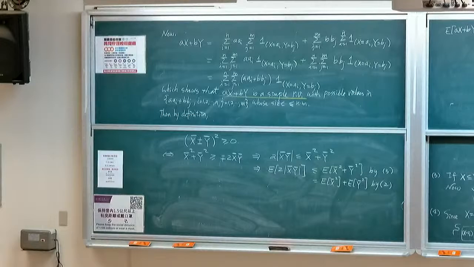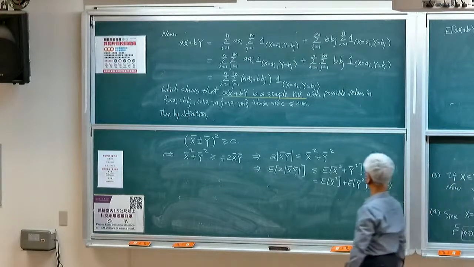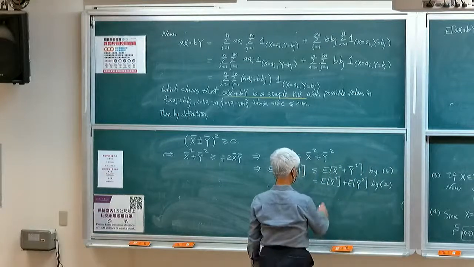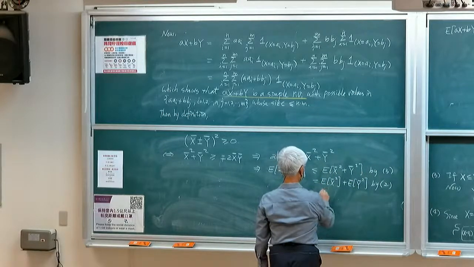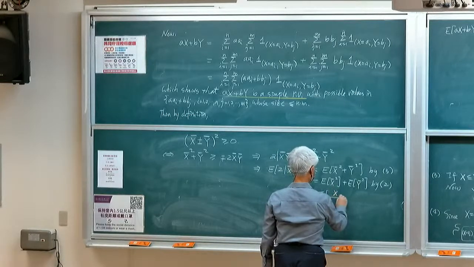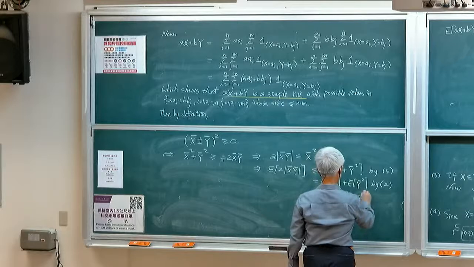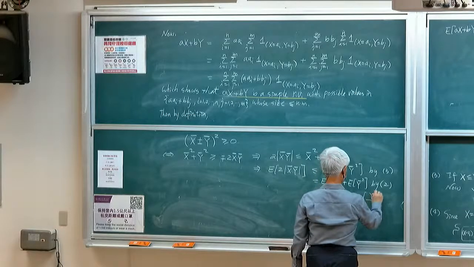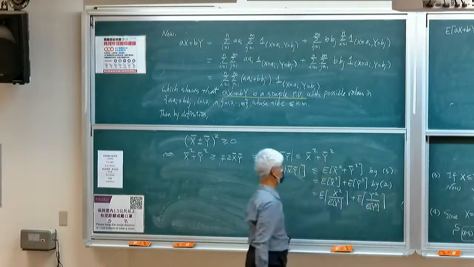We look at this: x over the square root of the expectation of x squared, squared, plus y similarly.